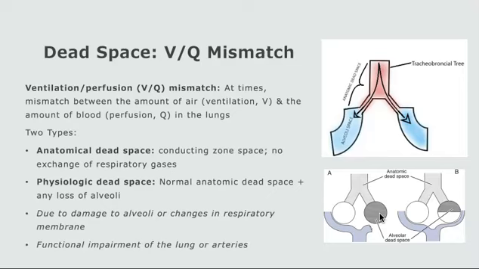So a physiological shunt can develop if there's an infection or edema in the lung that obstructs an area, and we'll see decreased ventilation but not affect perfusion. So as a result, we'll see a functional impairment of the lung or arteries, and our lung can start to compensate for these mismatches that take place in ventilation and perfusion.